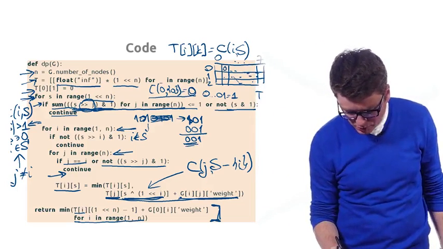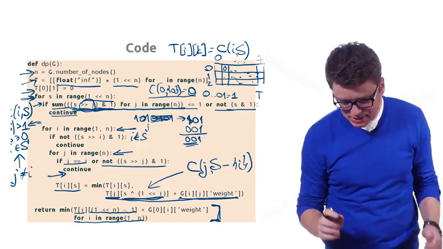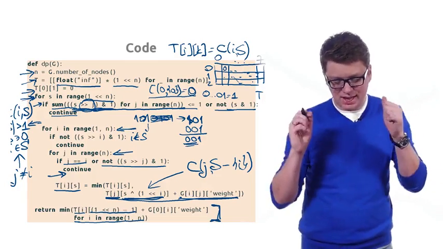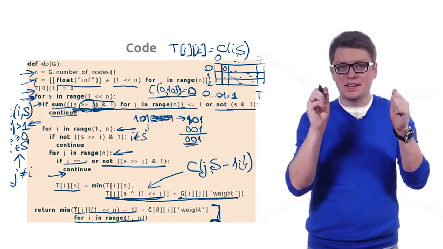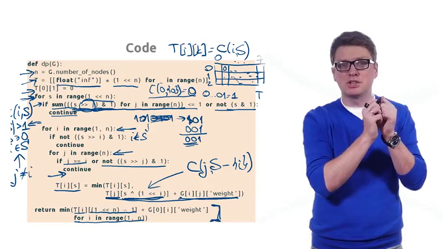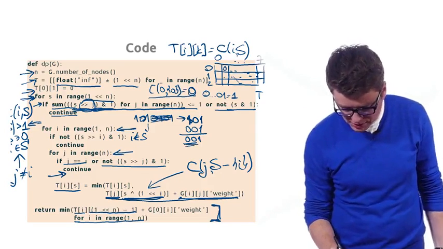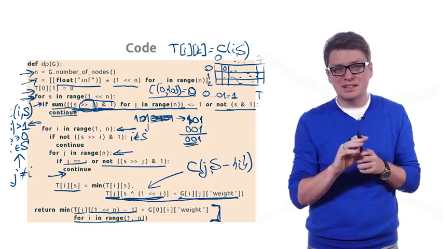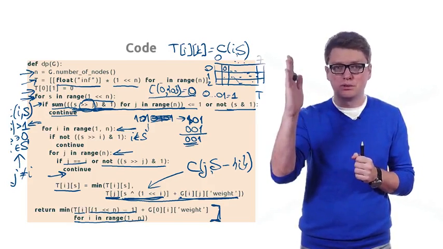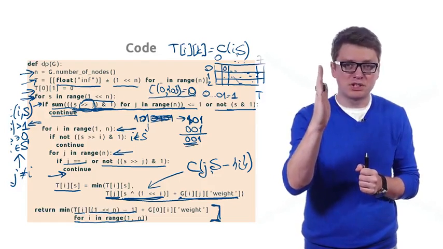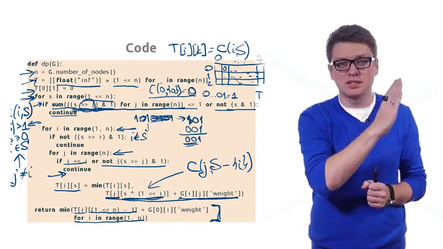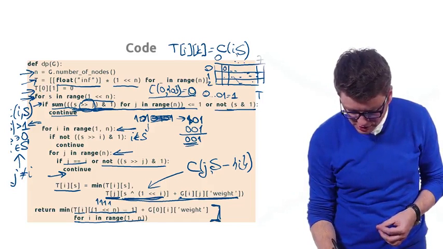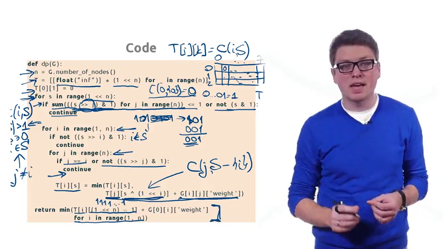And here we use the set that contains all the elements. We need a number which has 1 at every position, okay? And to compute such a number, we just take 2 to the n and subtract 1. This is exactly the number which has 1 at the 0 position, 1 at the first position, 1 at the second position, and so on. So this is just a number whose binary representation is the following one, okay?